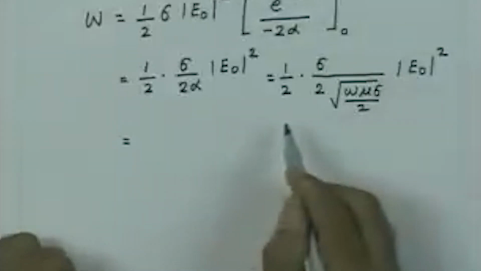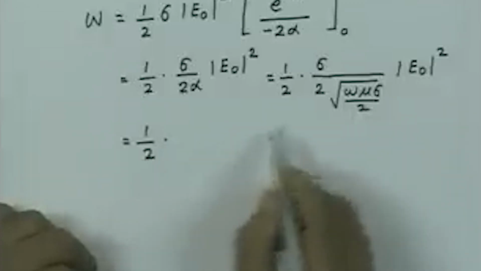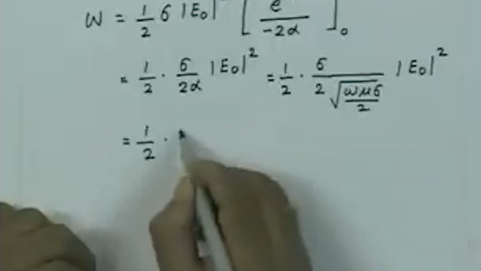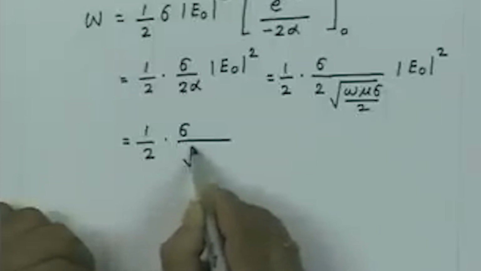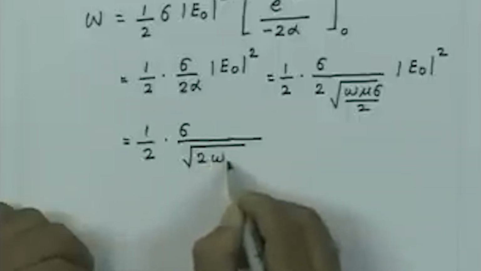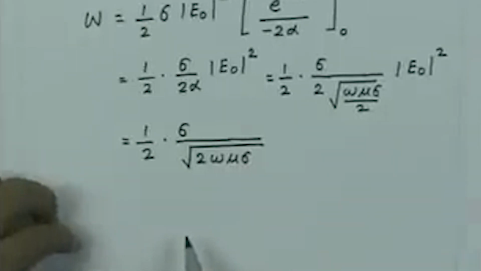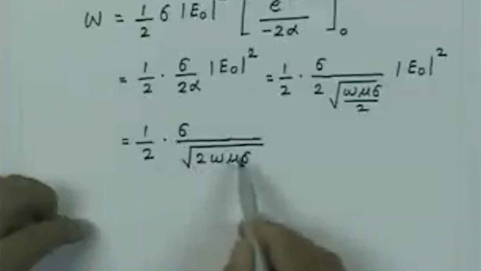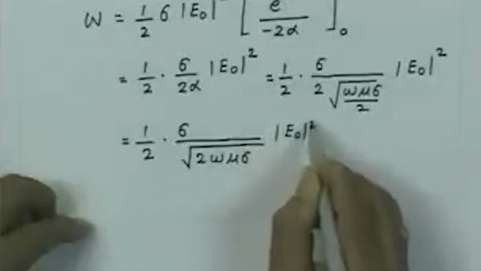So essentially this can be written as half, I can take this 2 inside, so that becomes sigma upon square root of 2 omega mu sigma, but square root of omega mu sigma is nothing but mod of gamma. So this is mod E naught square.